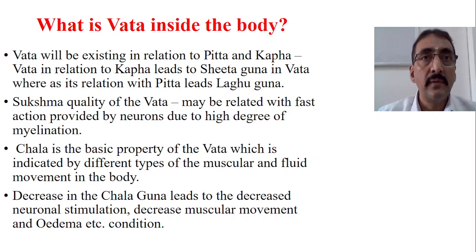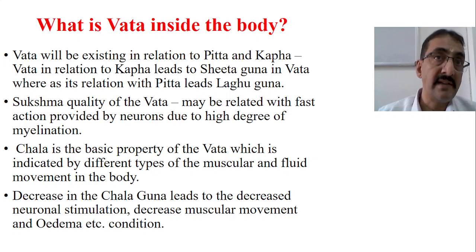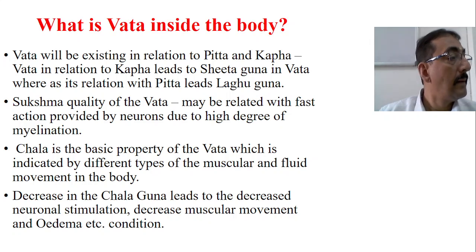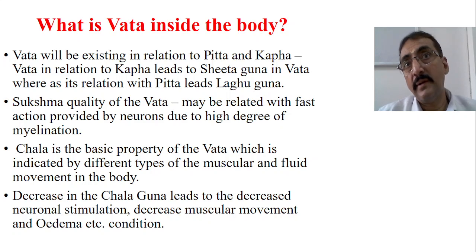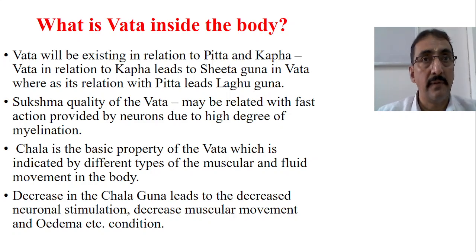This is how neurons actually work. Neurons very rapidly carry the impulse and with equal speed give back the result, that means the action, sensory intake and functions. Therefore, what I mean to say is that the Sukshma Guna of the Vata can be correlated to the different types of myelination of the neurons.